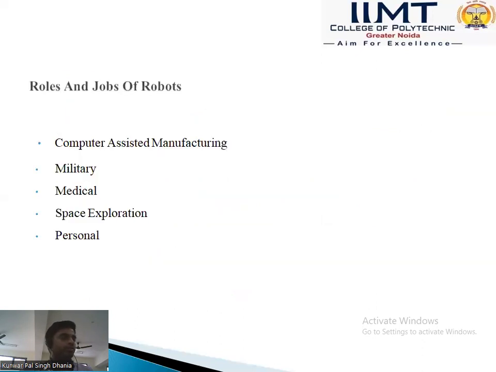So, roles and jobs of a robot. A robot can be used in computer assisted manufacturing, military, medical, space exploration, and personal fields. In most fields robots are working, and it is now in demand that every industry is going to have robots in its work.